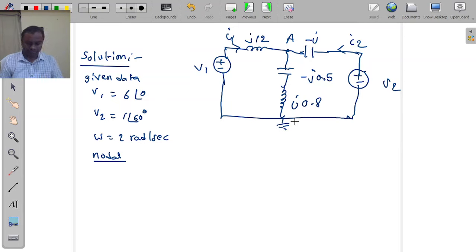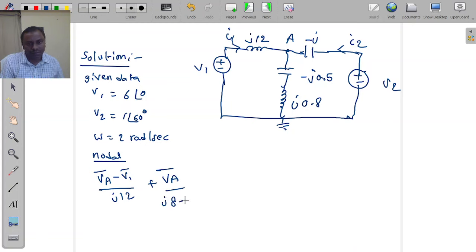Now applying nodal analysis at node A, we can write VA minus V1 divided by J12, plus VA divided by the impedance of this branch, J8 minus J0.5, plus VA minus V2 divided by minus J, equal to 0.